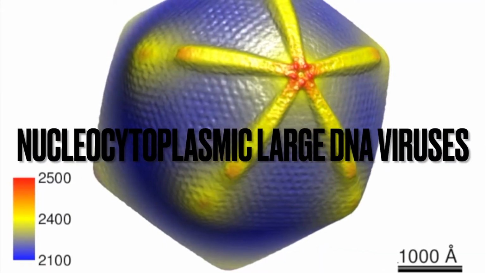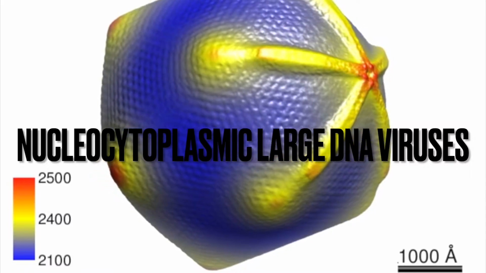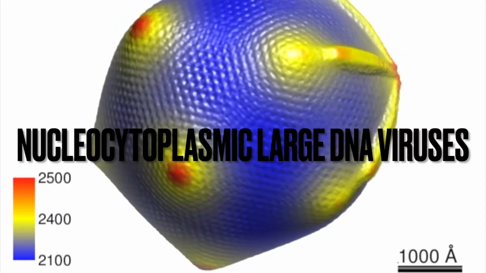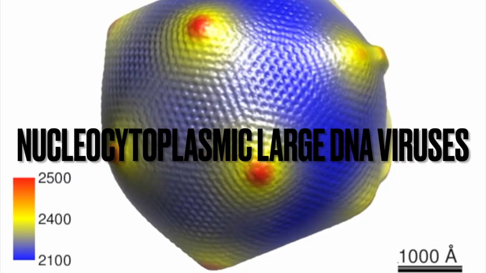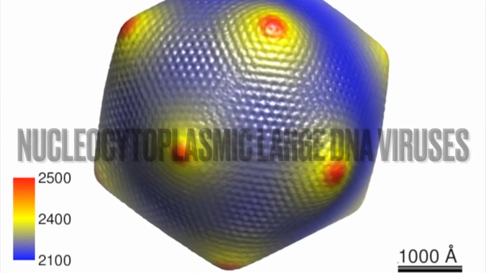Viruses of one particular group, called the nucleocytoplasmic large DNA viruses, or NCLDVs, best illustrate this hypothesis. The NCLDVs possess large genomes, with some reaching as much as 1.2 million base pairs. They also exhibit less dependence on the host cell when it comes to their ability to replicate, and their existence could indicate that they may have evolved from a previously free living ancestor.